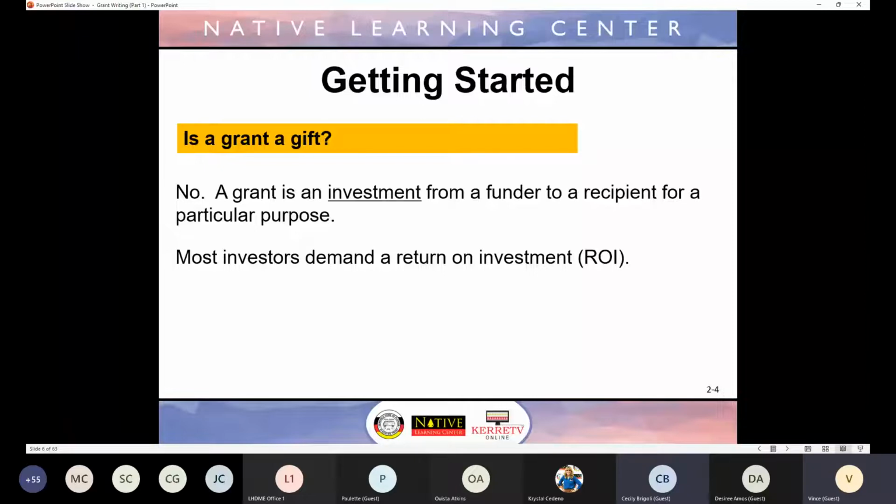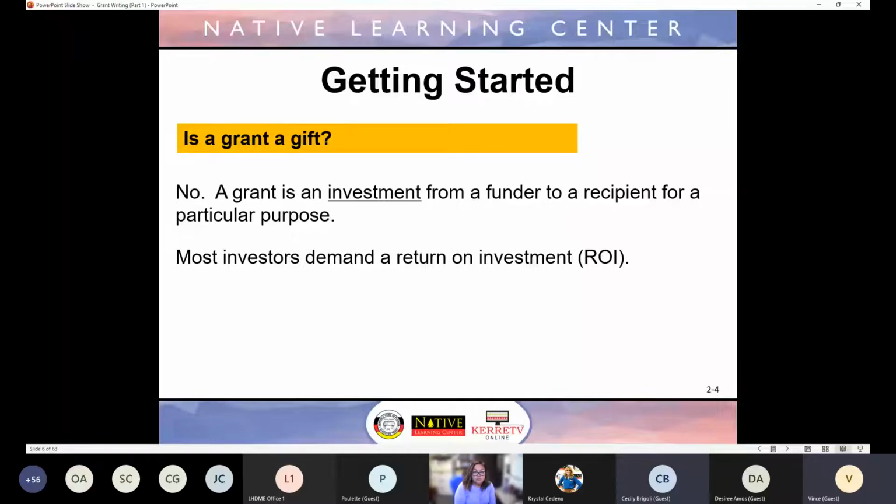So it's just a more serious approach to grant writing. And this is where, again, I refer back to it takes a community to do grant writing and to put this whole thing together.